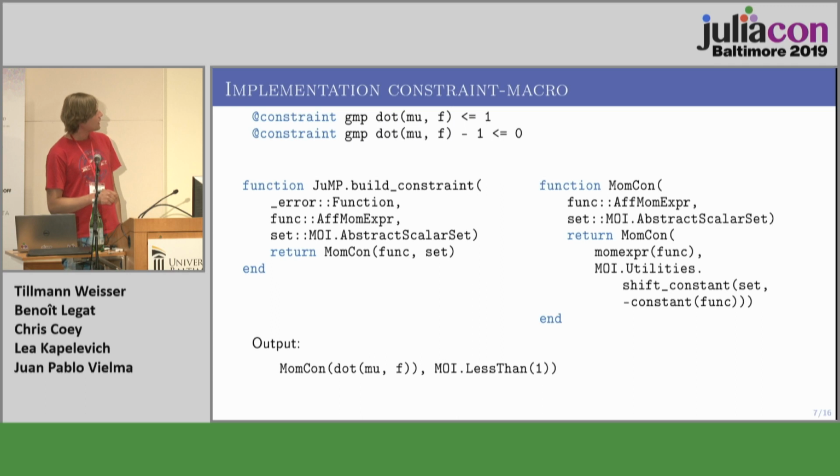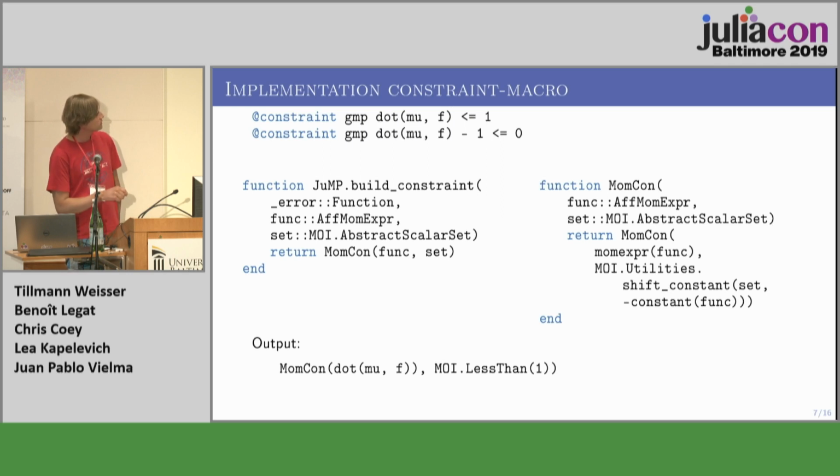Now, I don't want to have an affine moment expression. I want to have a moment expression on one side and the constant on the other side. I want to have a form like this actually.